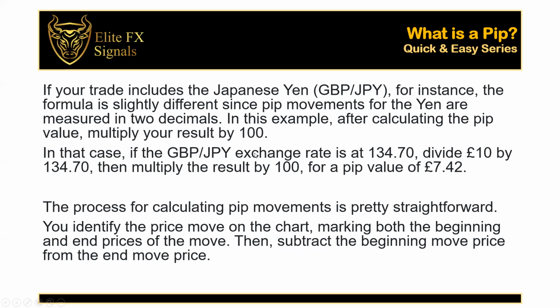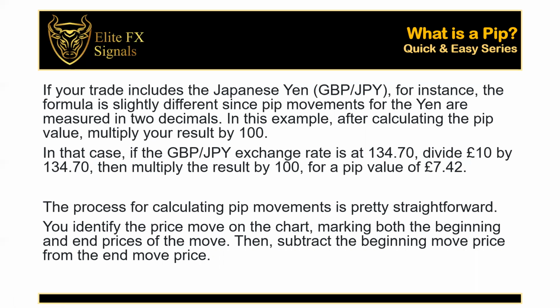So in the case of the pound yen exchange rate, for example, right now at 134.7, we divide the 10 pounds, which is again the pip value for a standard lot size of 100,000 currency units, by 134.7, and we multiply the result by 100 because it's a yen pair. That will give us a pip value of £7.42.